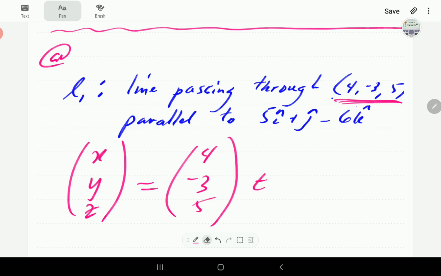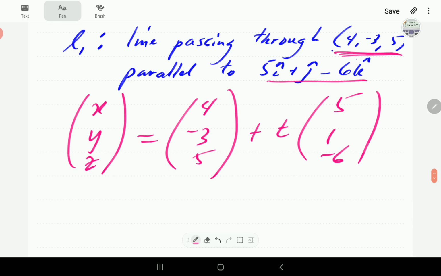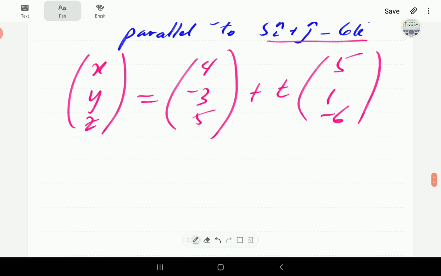Then for the direction vector, since the line is parallel to this vector here, that provides us with the direction vector (5, 1, -6), and there you are. That is the vector form of the straight line L1.